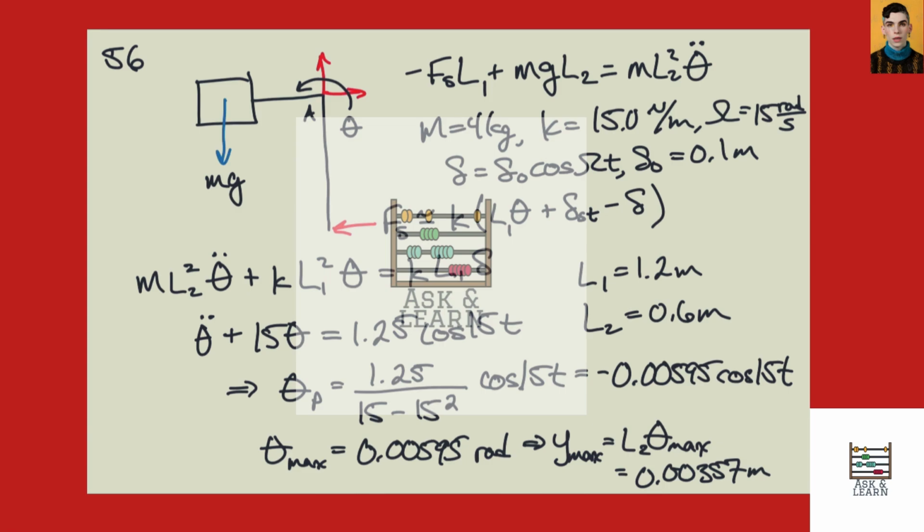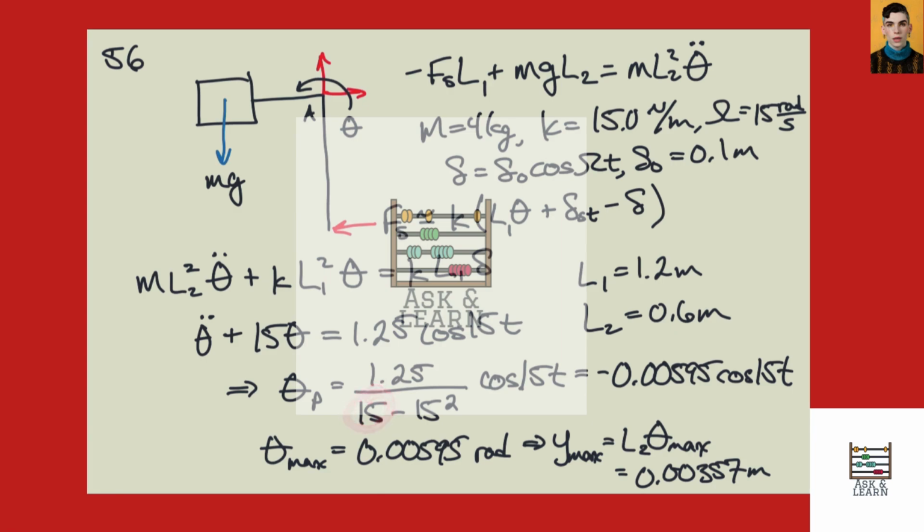So the steady state response, or the particular solution, is 1.25 divided by omega n squared minus the forcing frequency squared.